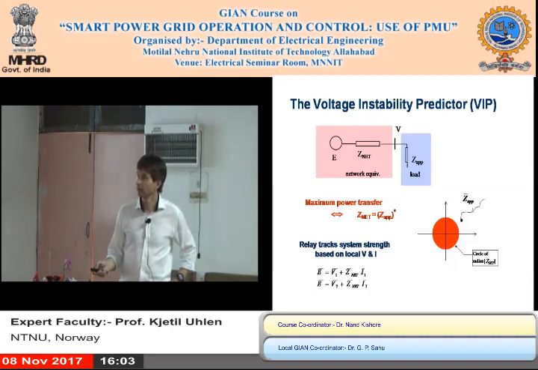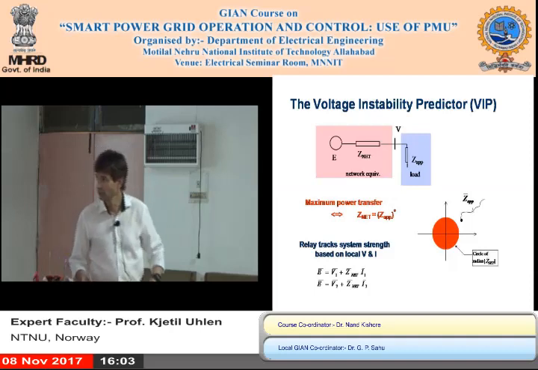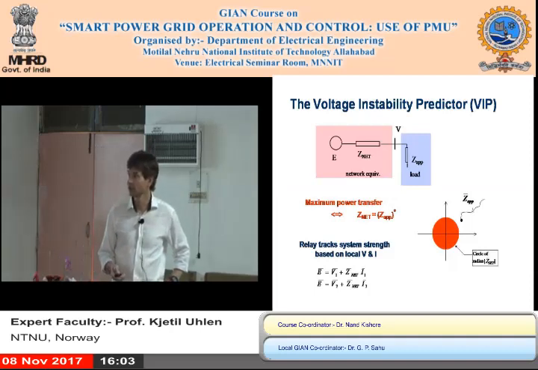Because if the load impedance approaches the magnitude of the network impedance, then you are in trouble, because then you know that you are on the maximum transfer side. You are at the point of the nose curve here.